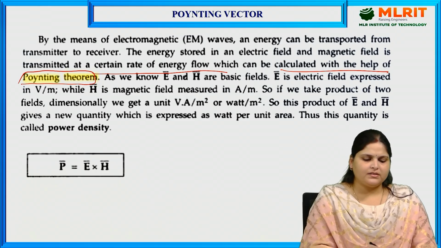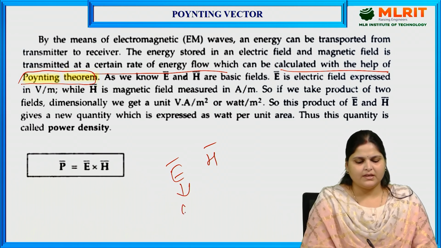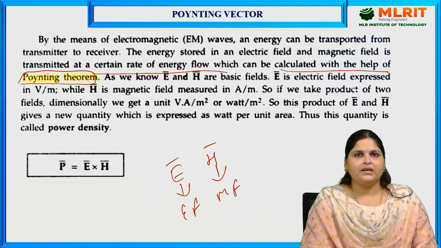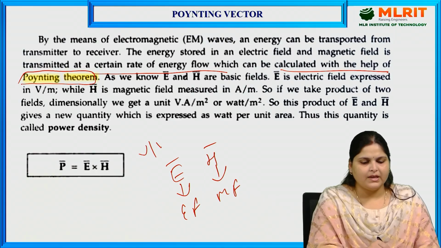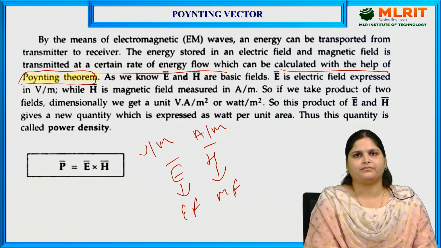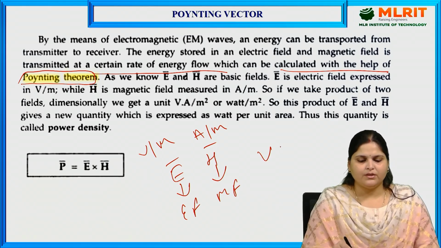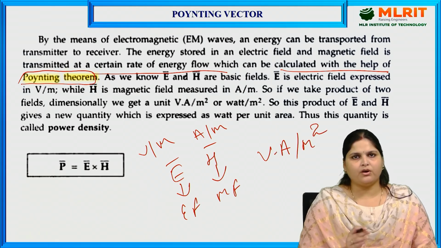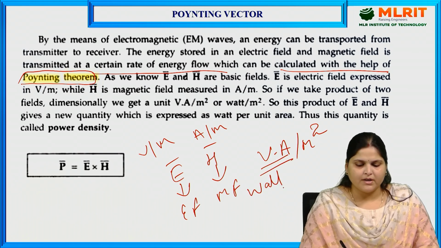As we know that E and H are the basic fields. E is electric field and H is magnetic field. E is expressed in terms of volt per meter and H is expressed in terms of ampere per meter. Now if we take the product of these two fields, we will get VA by meter square, or volt ampere per meter square. What is volt ampere? It is watt, basically.